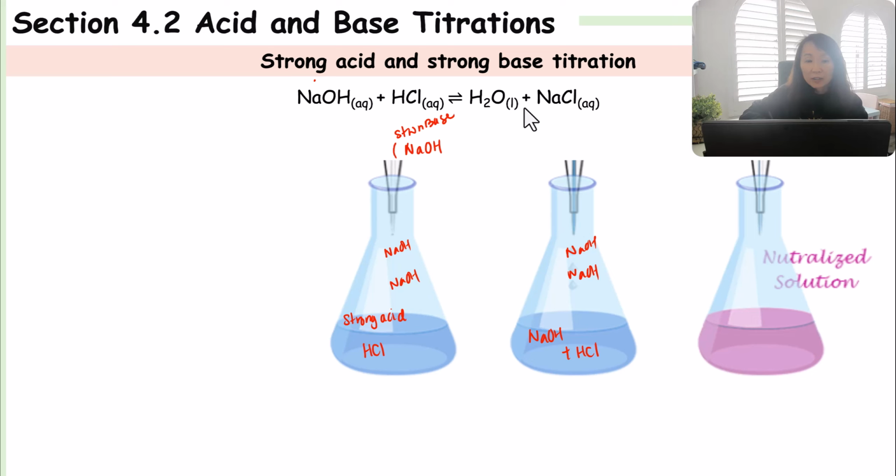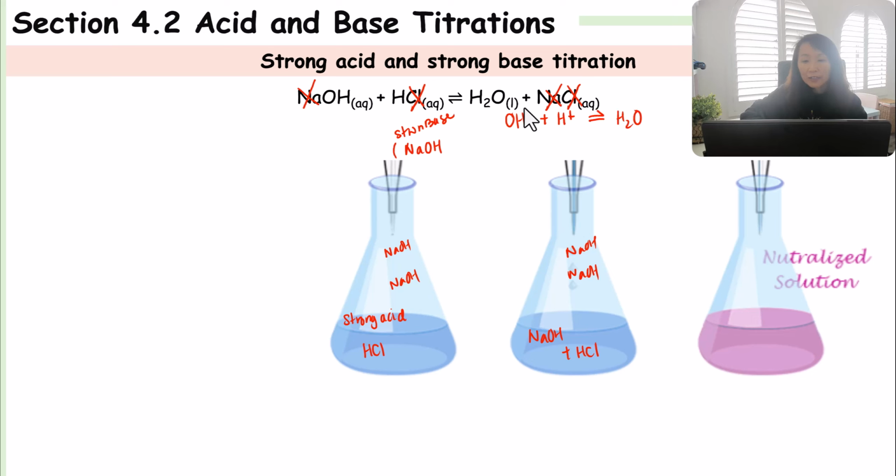The spectator ion for sodium hydroxide is sodium, and the spectator ion for hydrochloric acid is chlorine. Therefore, the sodium is gone and the chlorine is gone. So what you're left with is just the hydroxide plus the hydrogen ion, and then you have H2O.